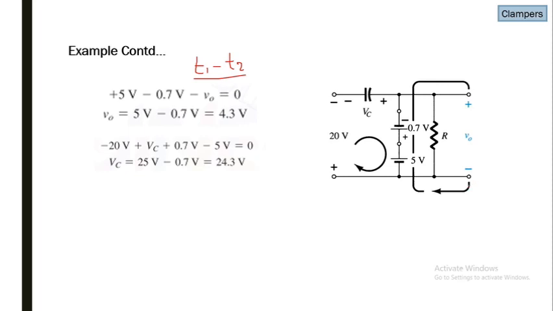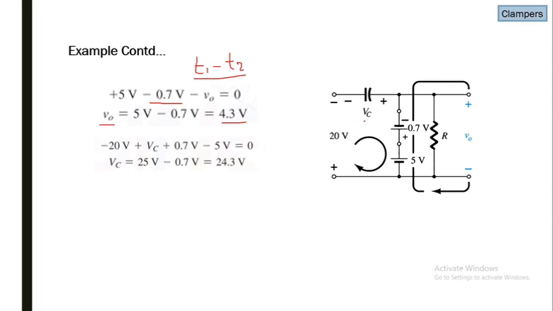So if we apply KVL in this direction, we have plus 5 volt of rise, and then a drop of 0.7 volt, and then a drop of V0. So this will give us V0 is equal to 4.3 volt. In previous example it was 5 volt because we didn't have drop of 0.7 volt in that example.